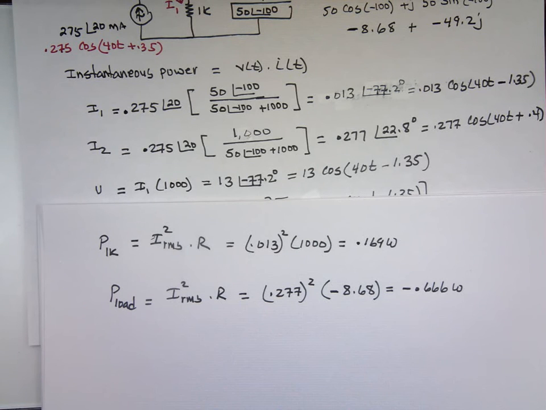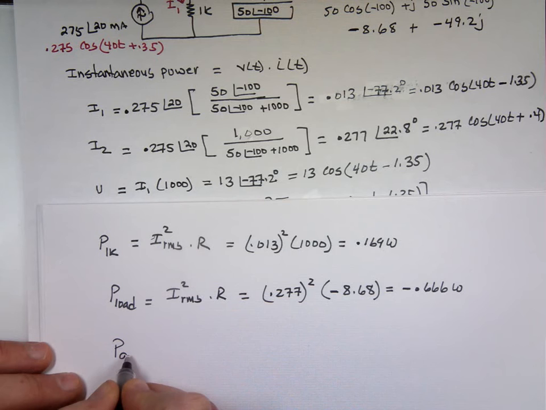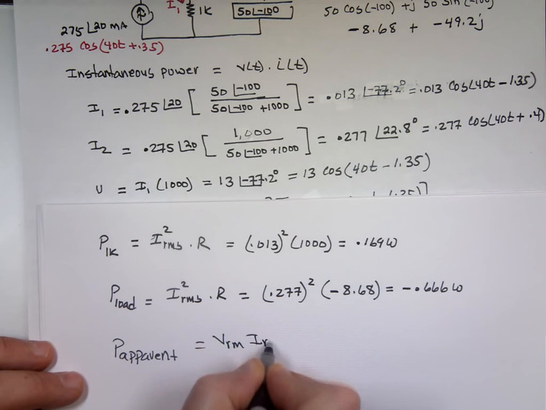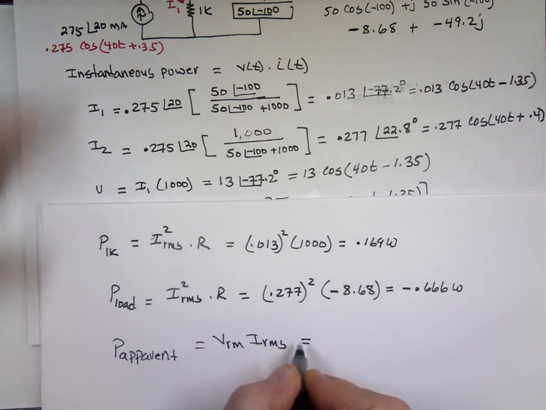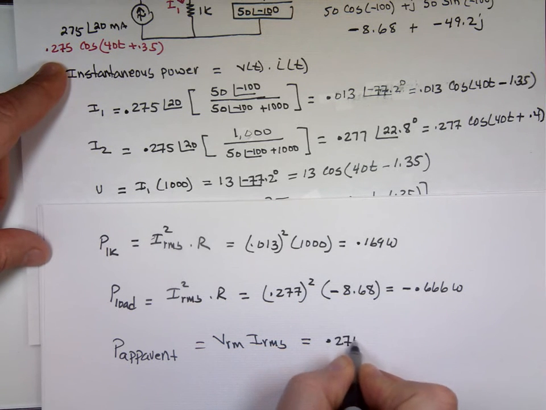Yeah. So now what about the apparent power? Apparent power, it's the source, that's VRMS times IRMS, which is 0.275, that's the current. And the voltage, we figured that to be what, 13?